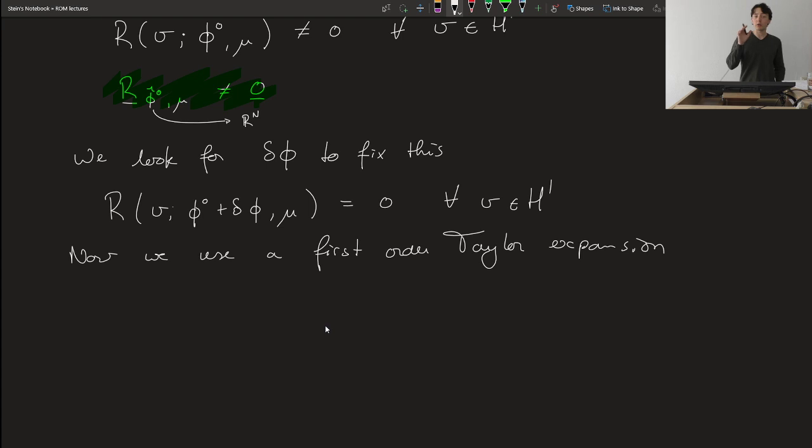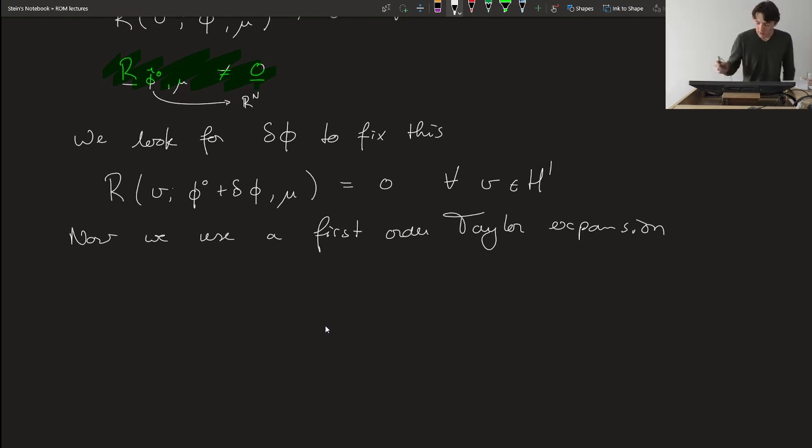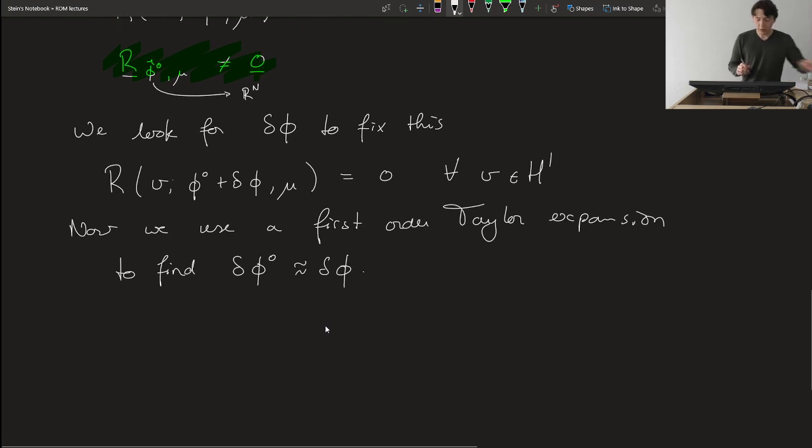Well, that was simply taking the solution plus its partial derivatives or directional derivatives in some direction, which gives an approximation for that function in that direction. It's a forward order method, really. And we use this expansion to find an approximation, which we'll call delta phi naught, an approximation to delta phi. So we're going to use a first order Taylor expansion of the residual.